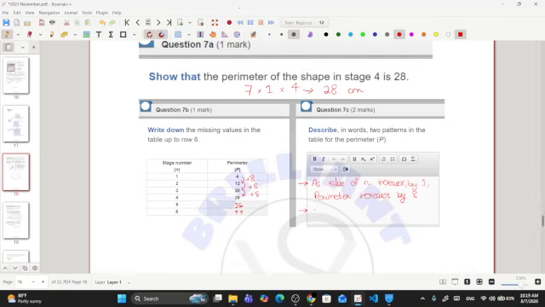Another pattern can be that all values of the perimeters are multiples of 4. As we can see, 4 multiplied by 1 gives us 4, 4 multiplied by 3 gives us 12, multiplied by 5, 20, multiplied by 7, 28, multiplied by 9, and then multiplied by 11.